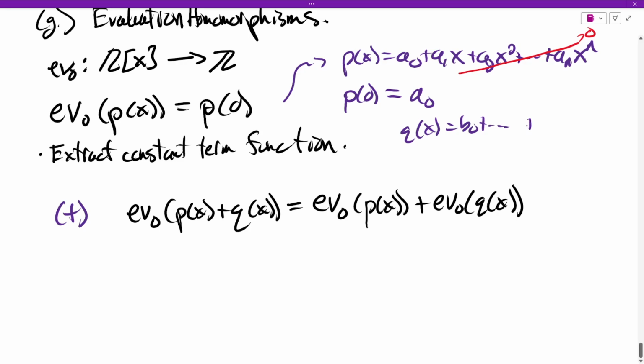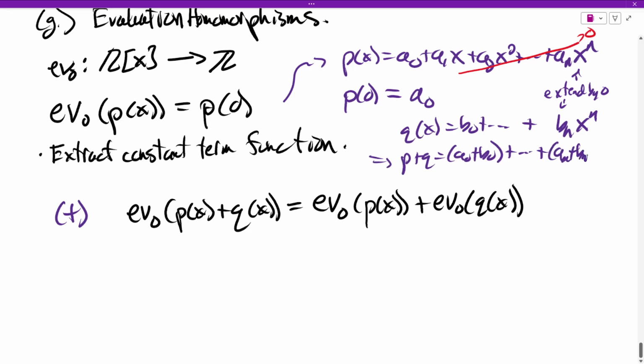B0 plus, possibly after extending by 0, they have the same n. You might need to extend one of these by 0 so that they have the same n. And so this tells us that P plus Q is A0 plus B0 plus up to AN plus BN, x to the n. Now, some of the B's or the A's might be 0. That's okay.